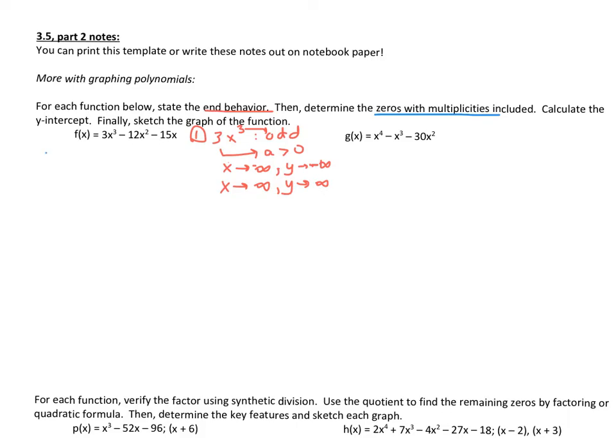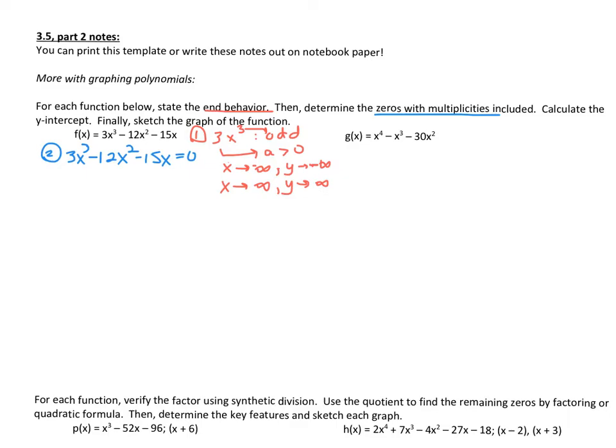To find the zeros, what we're going to do is set the equation equal to 0. 3x cubed minus 12x squared minus 15x equals 0. Now to try to solve this, we have a polynomial that's an x to the third power.